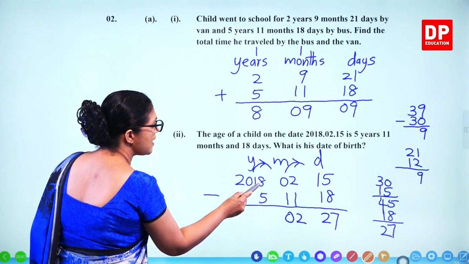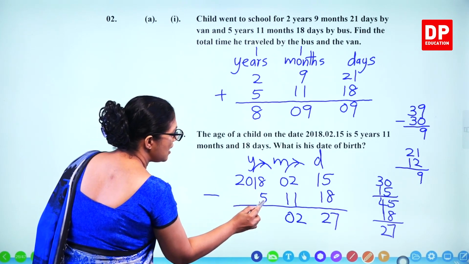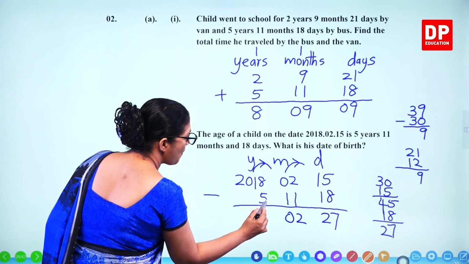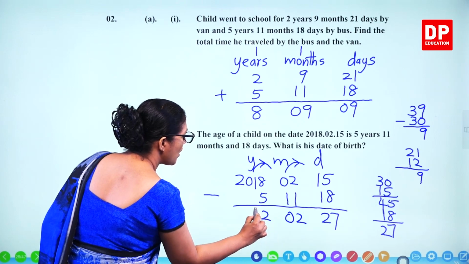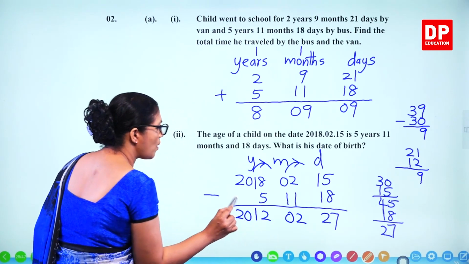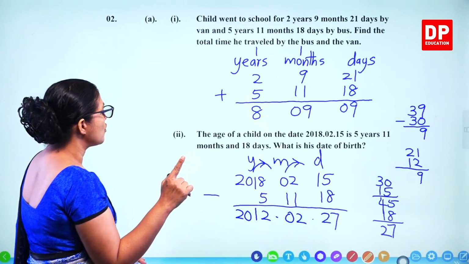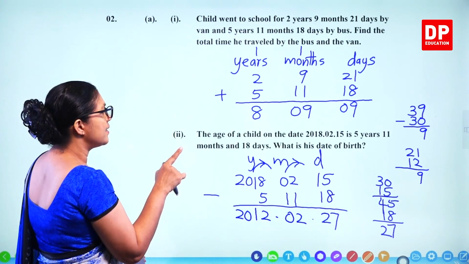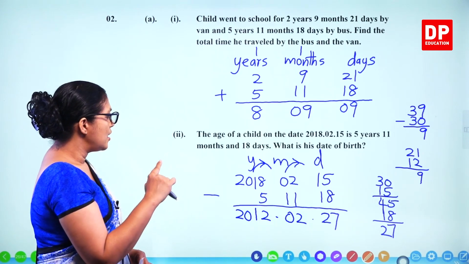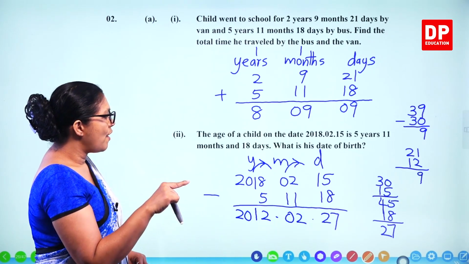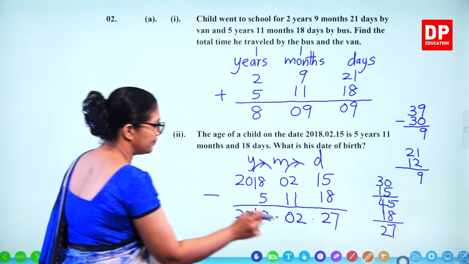This is 2017 now. 17 minus 5, that means 12. So 2012, 2 and 27. So the birth date is 2012, February 27.